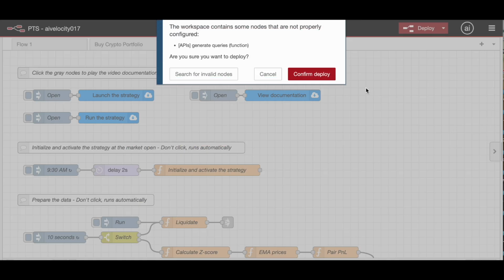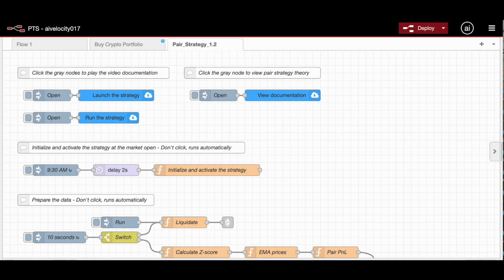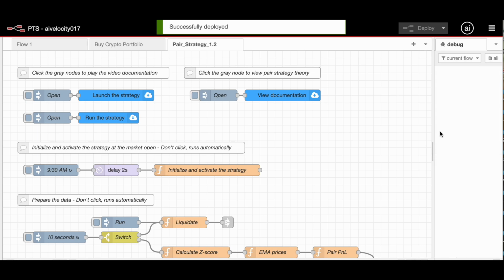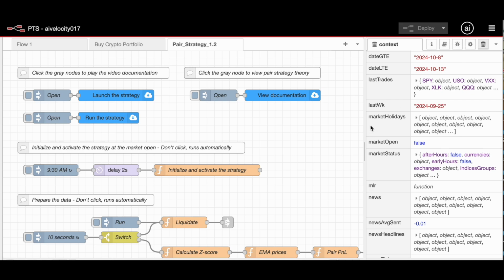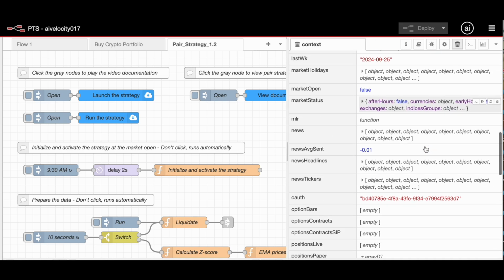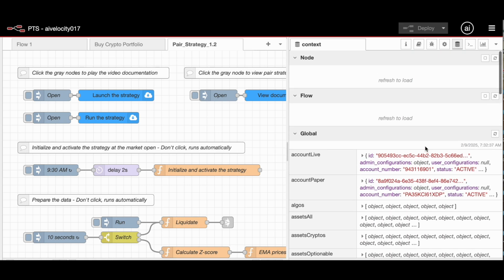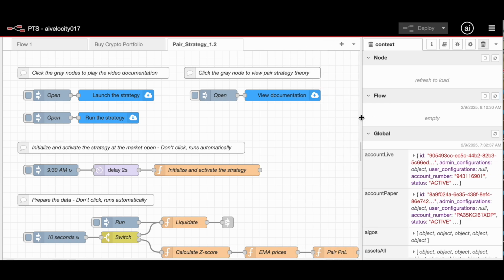If we look at our sidebar, one of the sidebar utilities is called the context data, and this shows what values we've stored. And in fact, as this is running, various flow variables are being created and stored that track the performance of this algorithm. So this is what a more complex trading algorithm looks like.